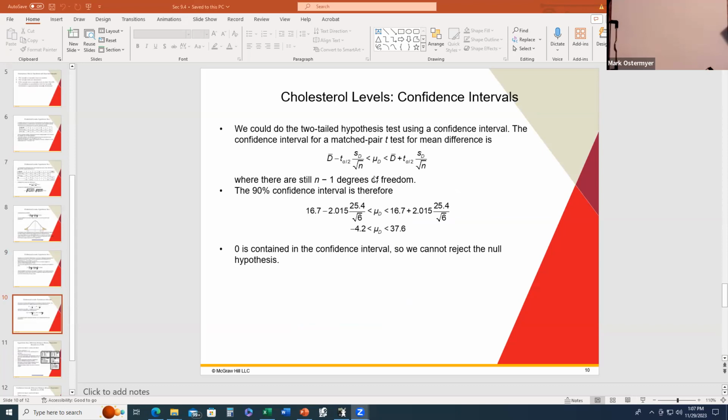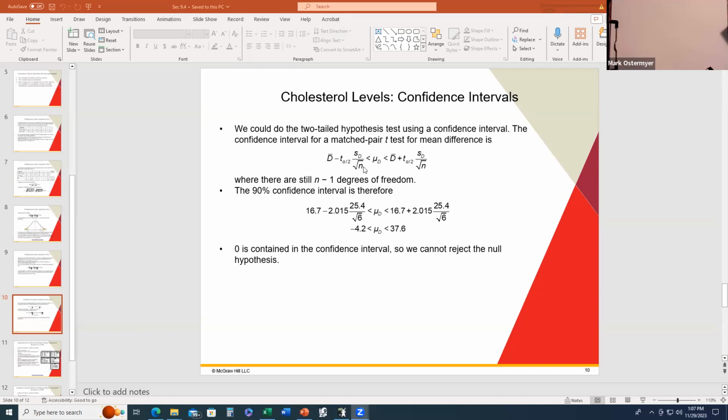We can build confidence intervals for the mean difference between our matched pairs from our two different populations. And notice the confidence interval requires that we have the mean difference of our samples and our critical T value depending upon our level of significance or our level of confidence, if you will.